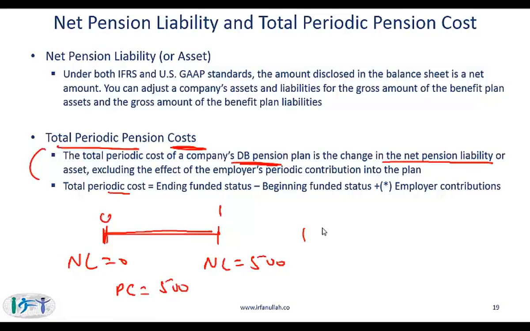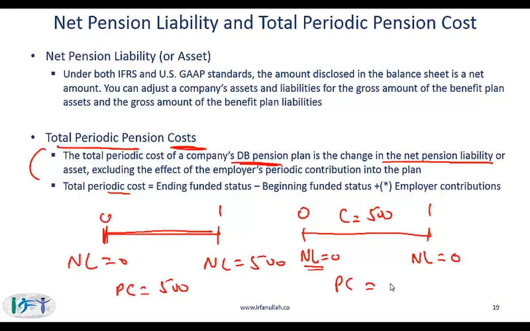Now take another situation where over this period, let's say the net liability is 0 initially. There is a contribution equal to 500 and the net liability is still 0 at the end. What is the pension cost over here? The pension cost is clearly 500. So it is the change in liability adjusted for the contribution.